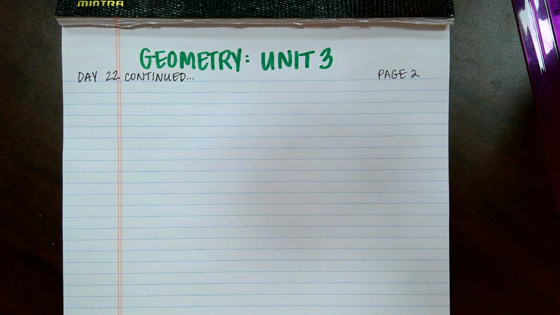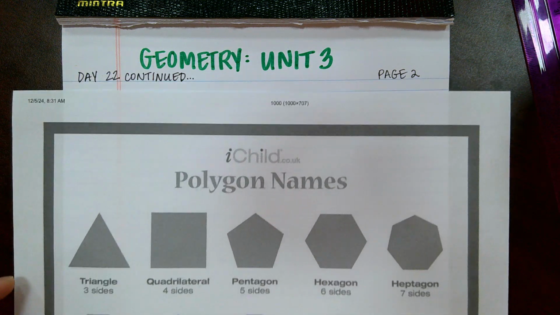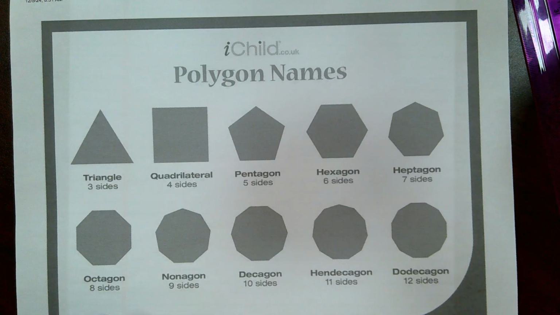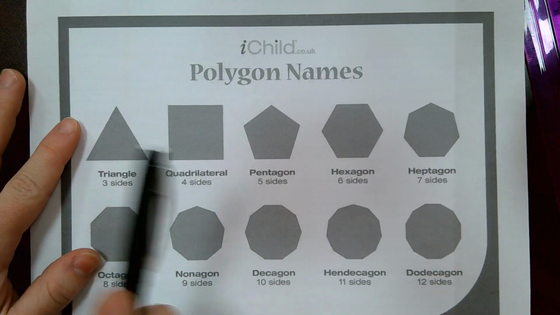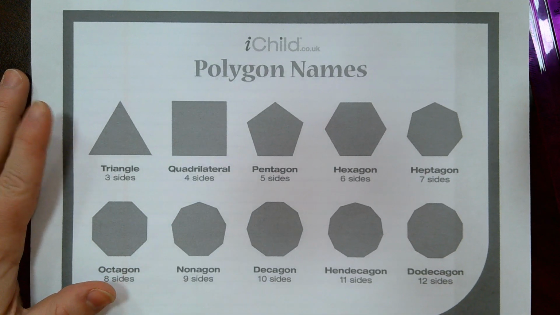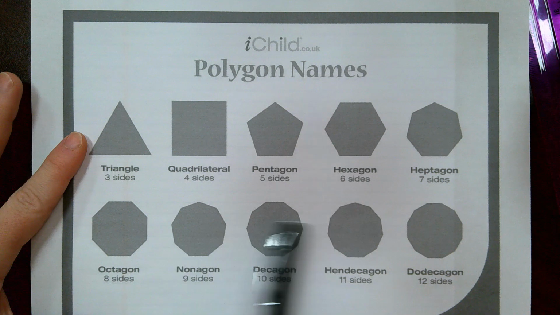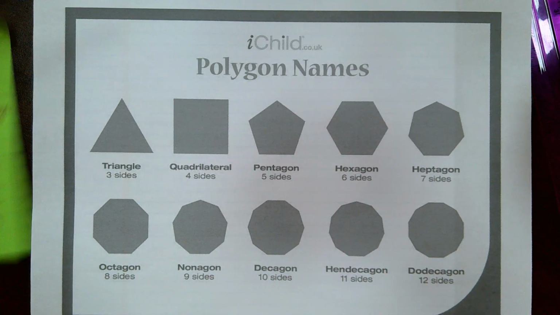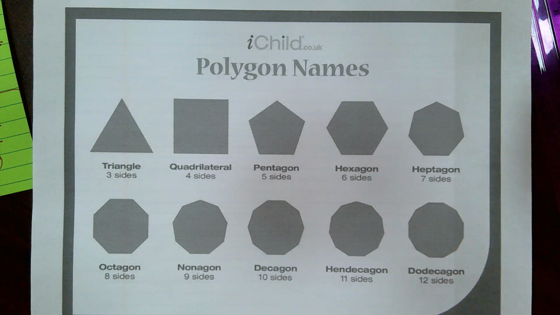Okay, so let's look at the handout that I gave you, this one with all the polygon names on it. We have been learning about triangles, we've been learning about quadrilaterals. Now there's a whole bunch of others here. So let's just talk briefly about what we know about each one.